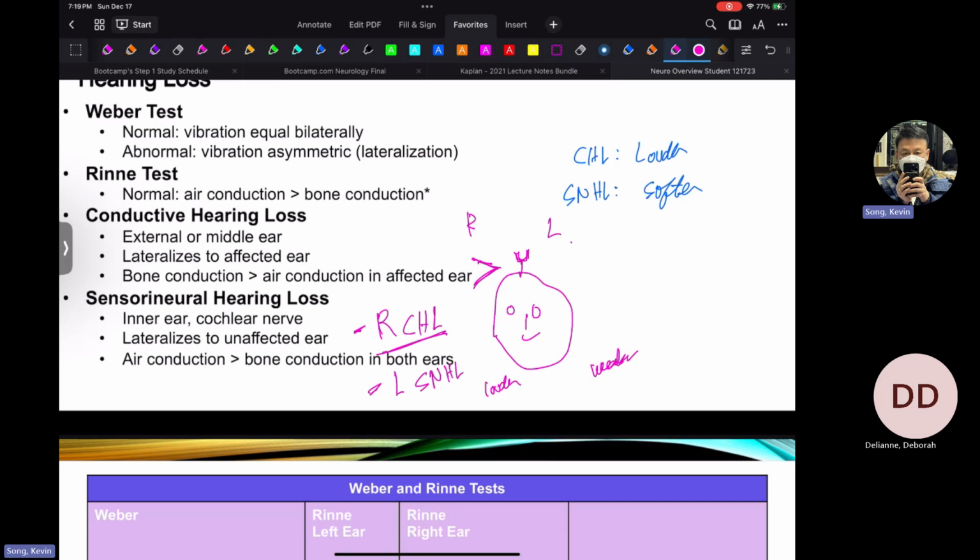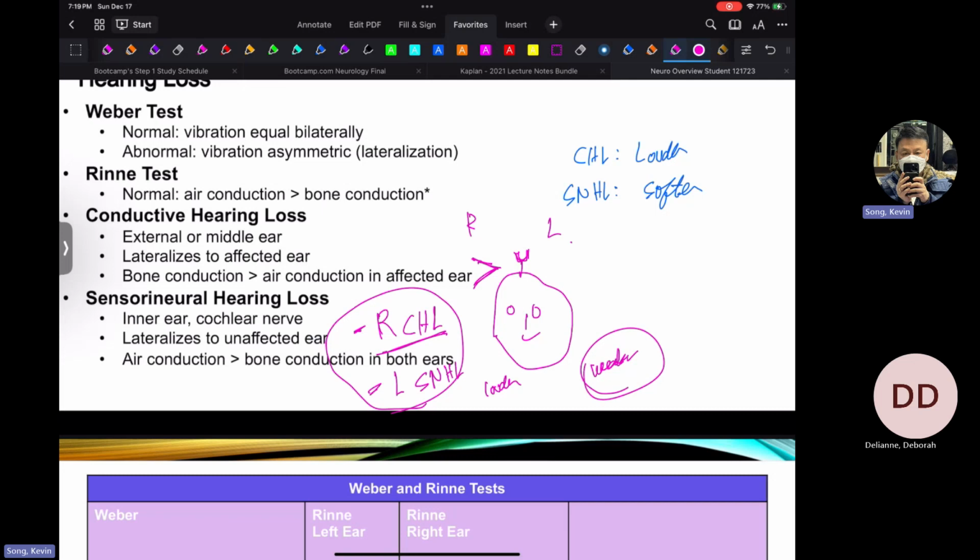Because we don't know whether the left side is weaker or the right side is louder, we are just comparing which side is louder. So there are only two possibilities.